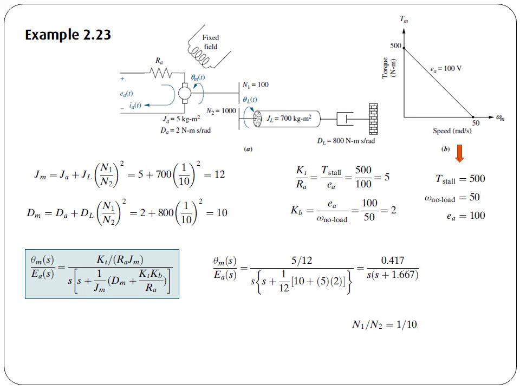We know the equation, theta m by theta L is equal to n2 by n1, which is 10, and from there we replace theta m with 10 theta L, and finally we rewrite the equation something like this.